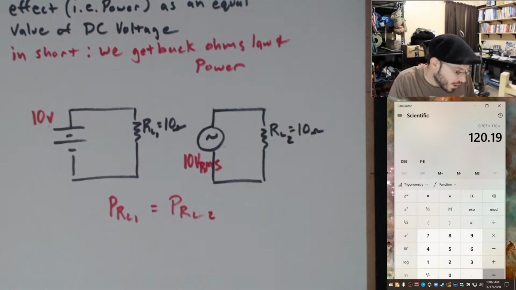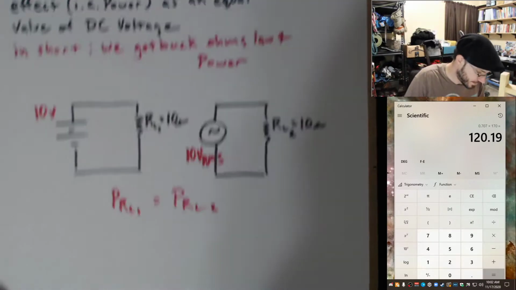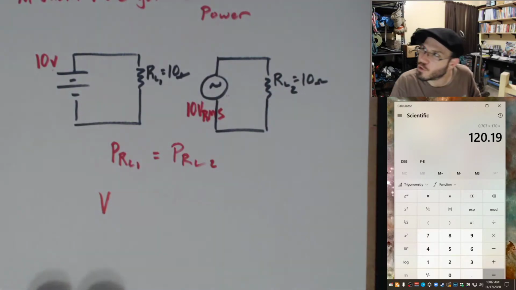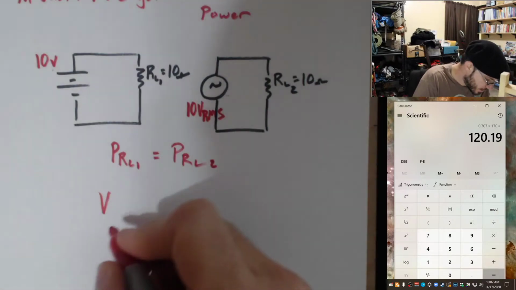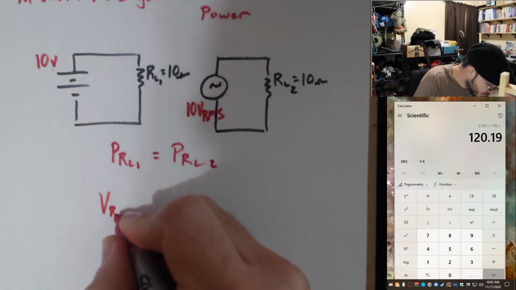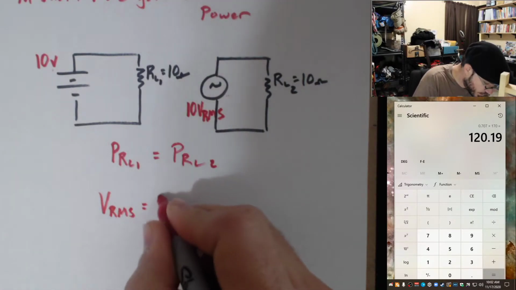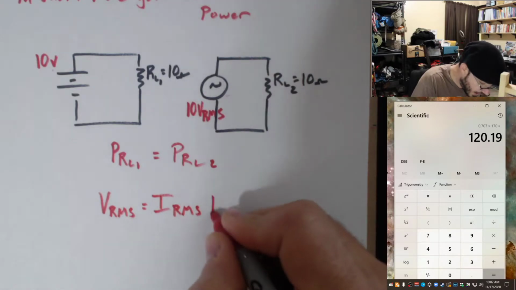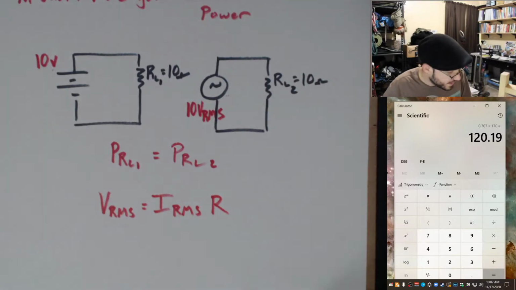So now we can get back Ohm's law and our power equations for AC circuits. We just have to write it a little differently. We would say VRMS is equal to IRMS times R, whatever our resistance is.